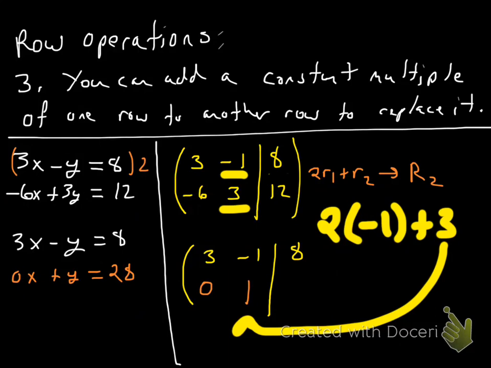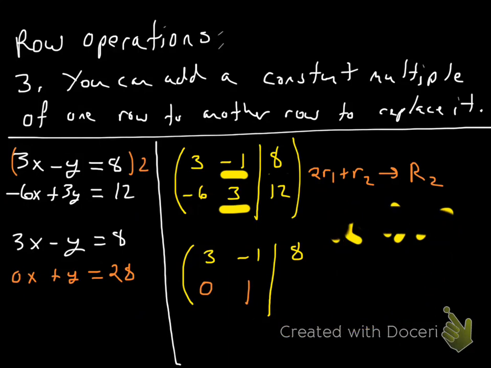Let me erase some of this stuff. That's the problem. It gets a little bit cluttered if we try to write everything out here. And then finally we'll do 2 times 8, and we'll add that to 12.